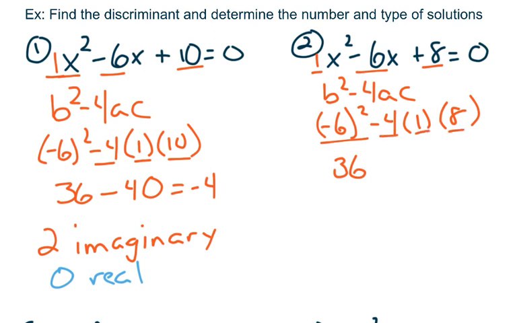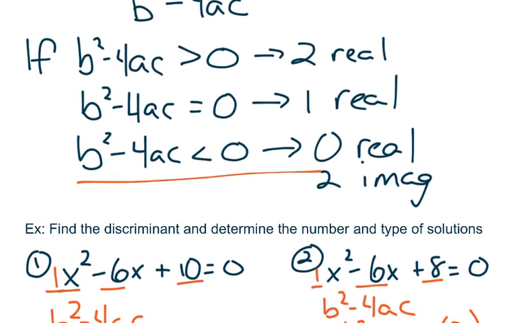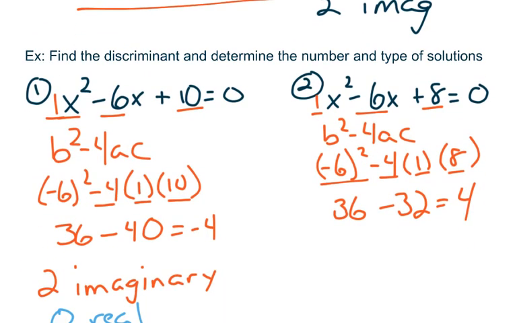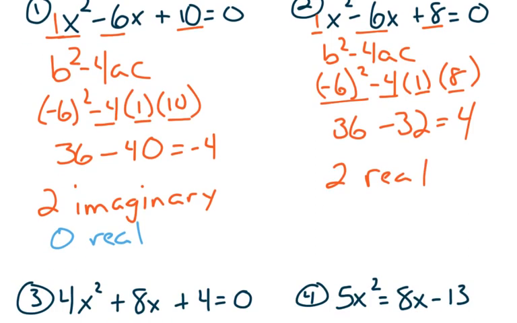Negative 4 times positive 1 times positive 8 is negative 32, and then 36 minus 32 is 4. So if it's a positive number, if we go back to our chart here, if b squared minus 4ac is greater than 0, that means we are going to have 2 real answers. Do I know what they are? No. Am I being asked to find them? No. All I need to know is how many and what kind.